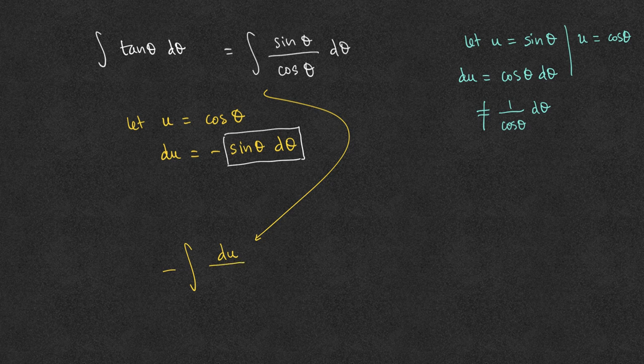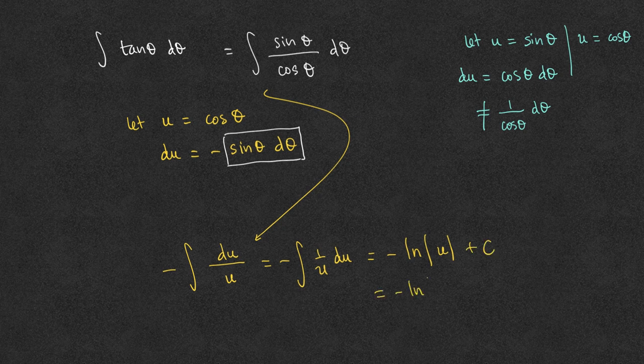And in the denominator, we're left with cosine of theta, and cosine of theta is u. This is the same as negative the integral of 1 over u du, which is negative ln of the absolute value of u plus c.